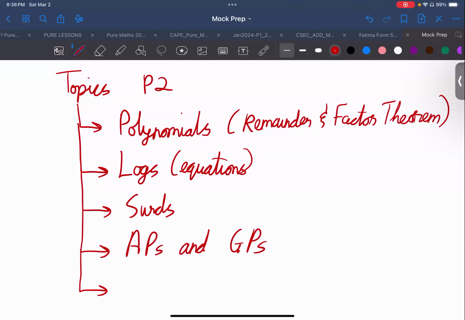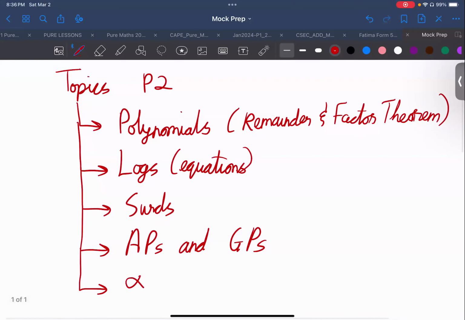Something you'll need to just do a little review of, alpha and beta roots. Those are things, just really notes.